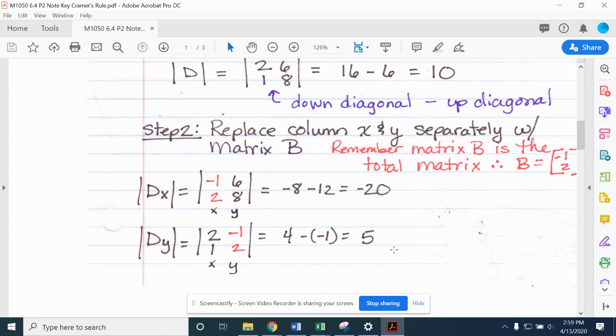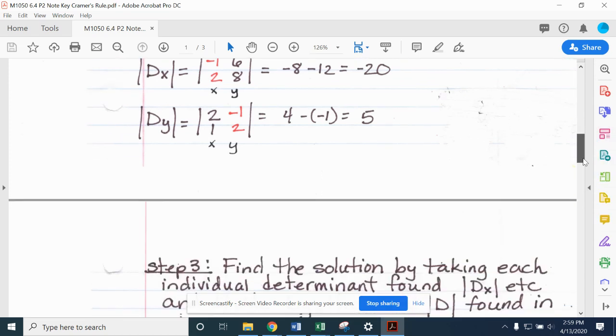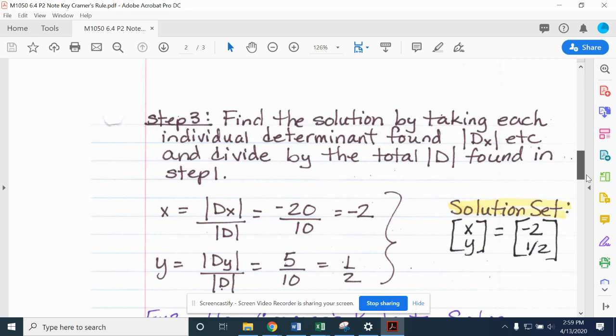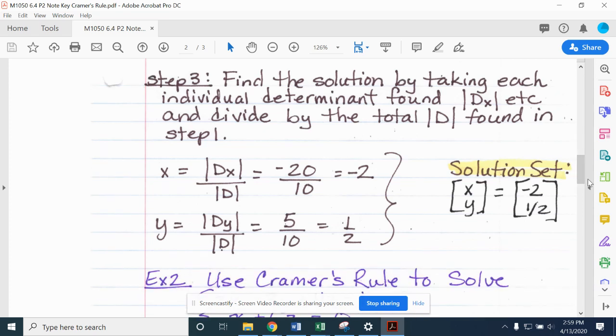Now this is only the first piece of the item. This is solving for the determinant of each variable part, an x and a y, and then we would go to step 3. Let me scroll down. We would find the solution by taking each individual determinant found, such as the D of x, D of y, and divide by the total determinant found in step 1.